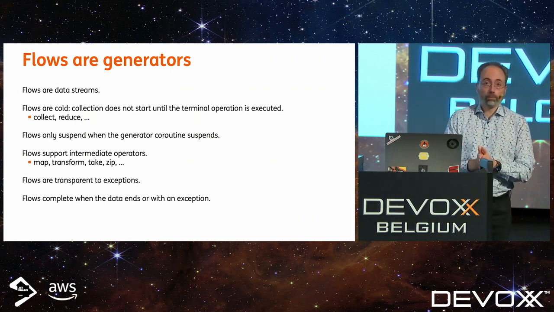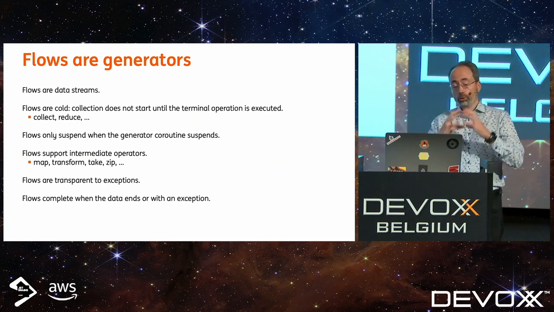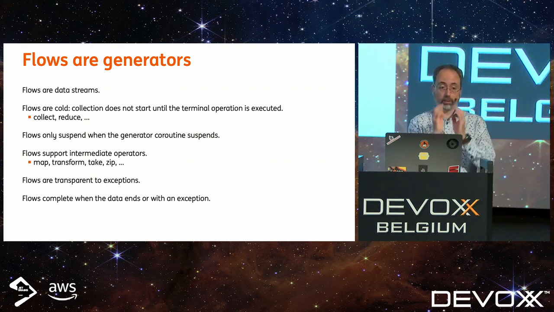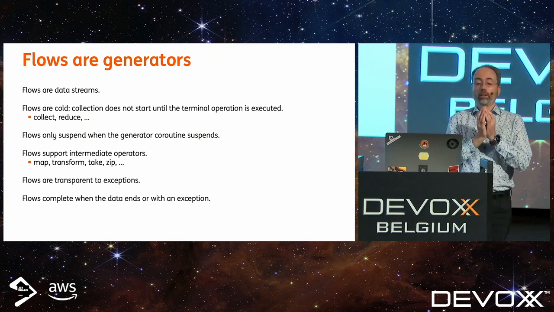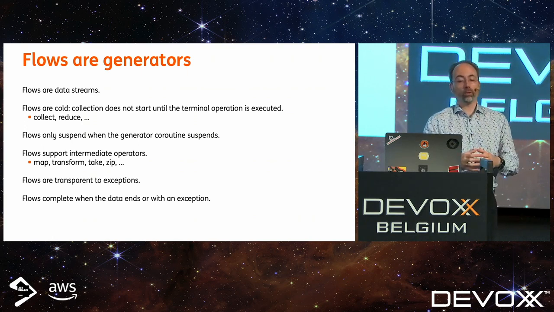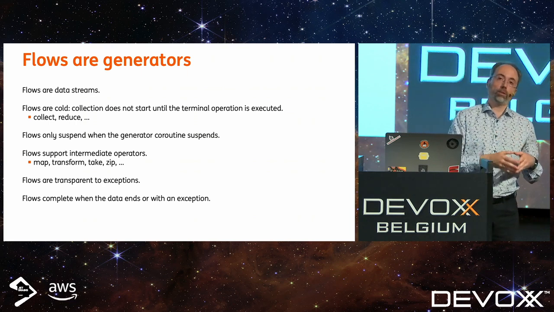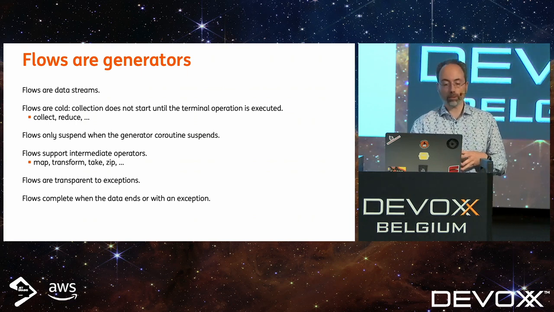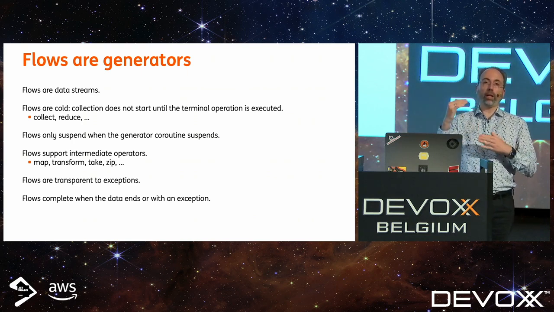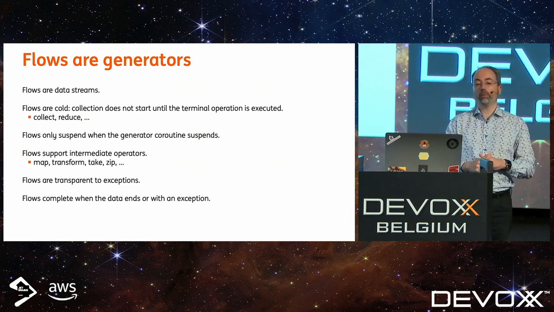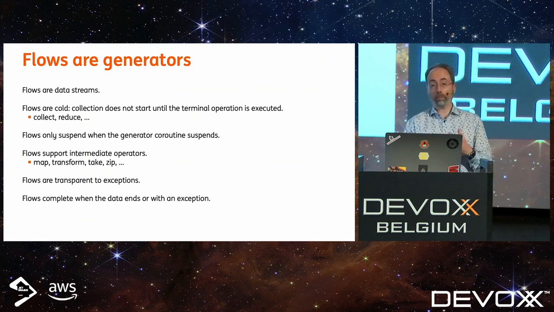They are used to emit a finite set of data, and they only suspend when the generator coroutine suspends. They suspend in no other circumstance. Because they are data streams, there are intermediate operators that can be defined on flows, such as map, transform, take, or zip.